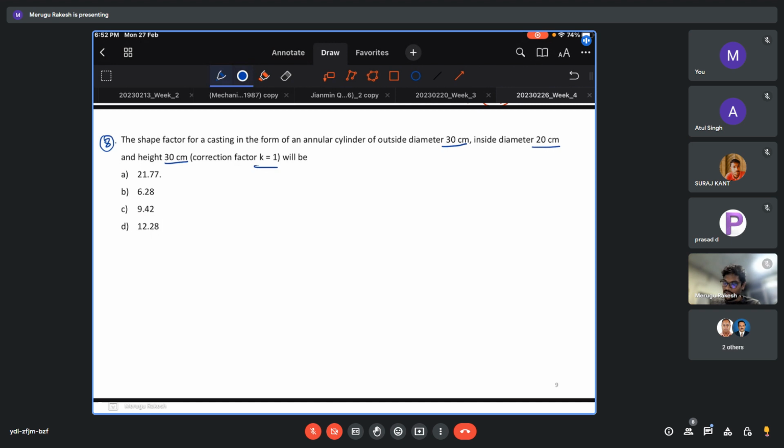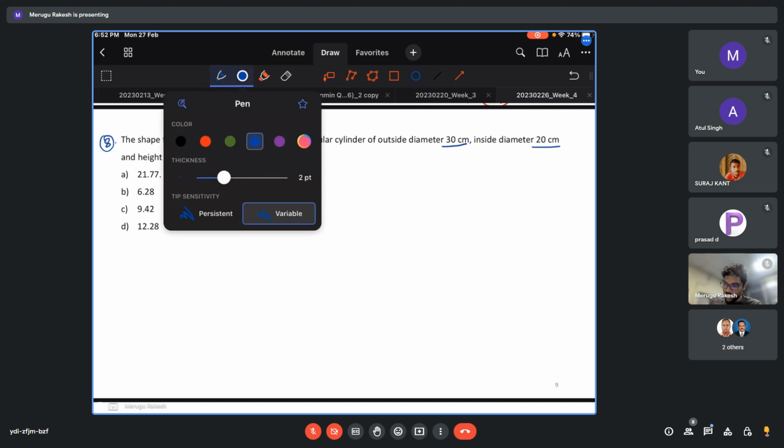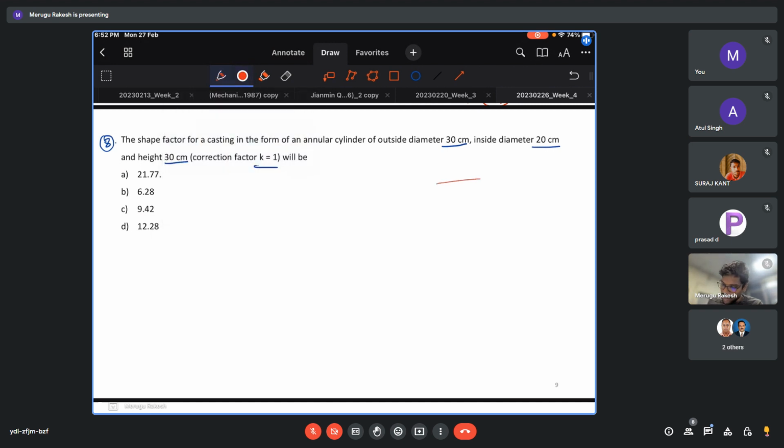Given correction factor k is equal to 1. So you need to draw. Okay. Assume this as a cylinder. Okay, this is an annular cylinder.